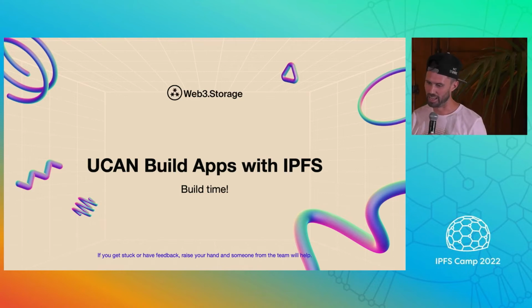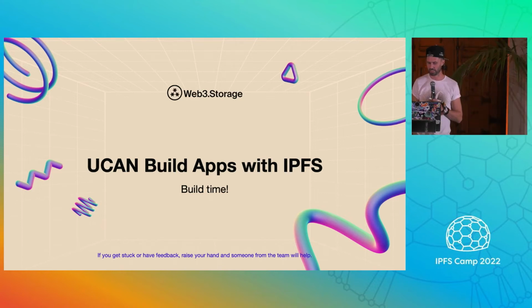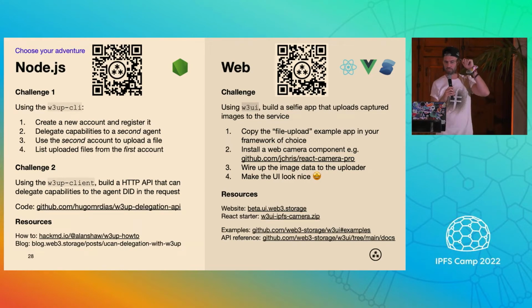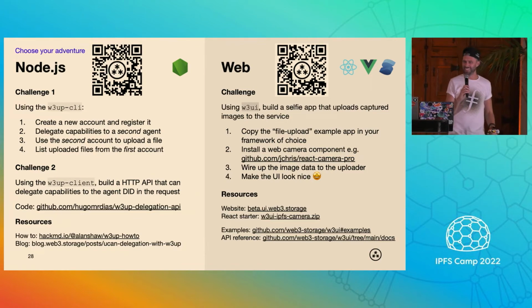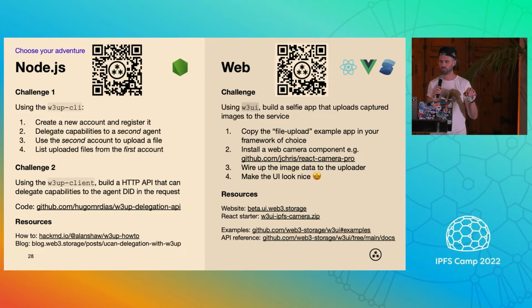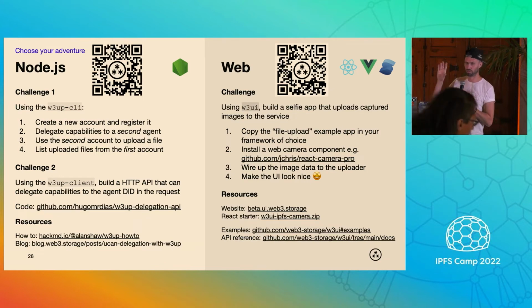That's super rad. And so yeah, essentially we've got two main tracks for you right now, so you can choose your own adventure. The first one is a more backend, Node.js focused adventure, for working with UCANs and delegation.